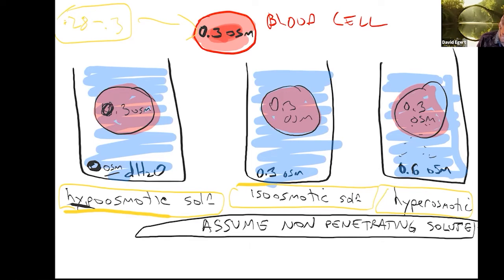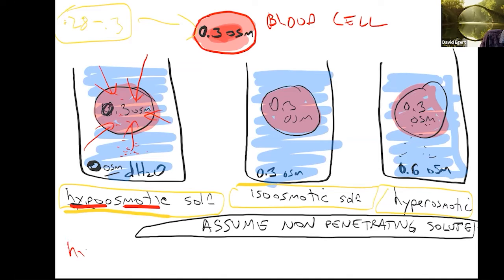So now let's think about tonicity, which way the water is going to move. If I'm in a hypoosmotic solution, less osmolarity outside compared to inside, which way does the water move? Into the cell. Yeah, the water's going to move in. Remember I talked about how the salt draws the water in. So the water moves into the cell.